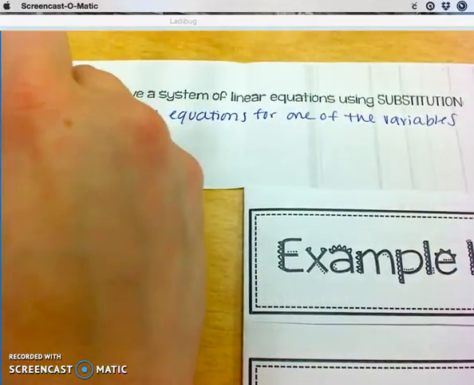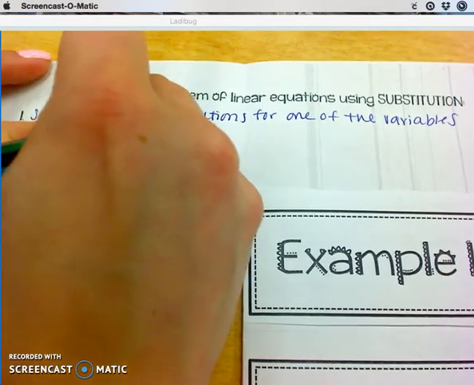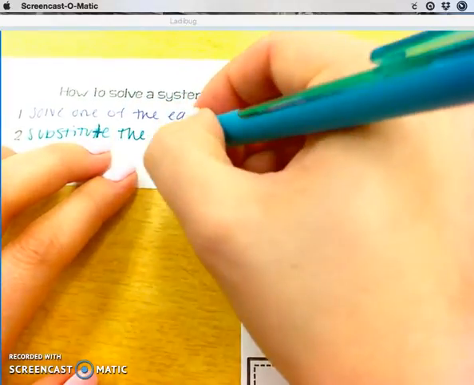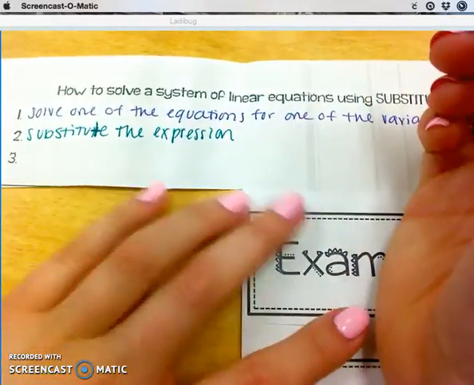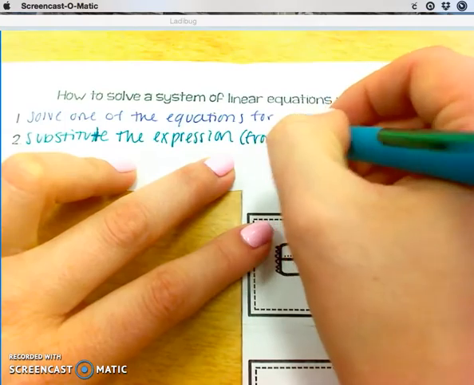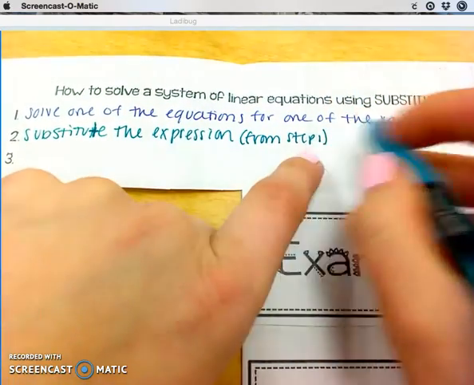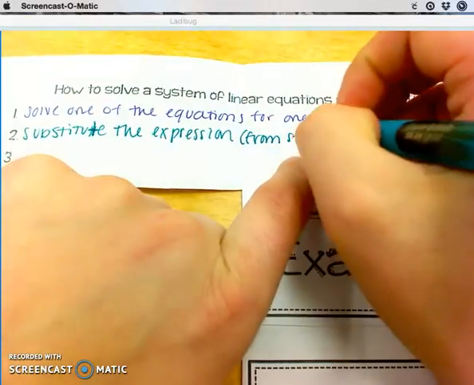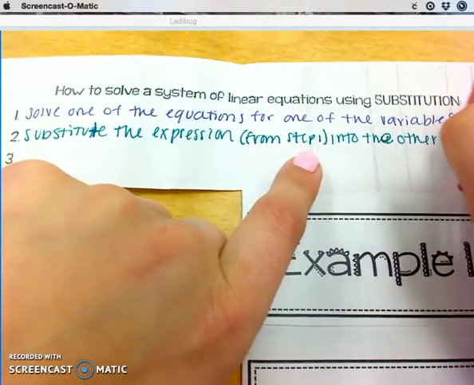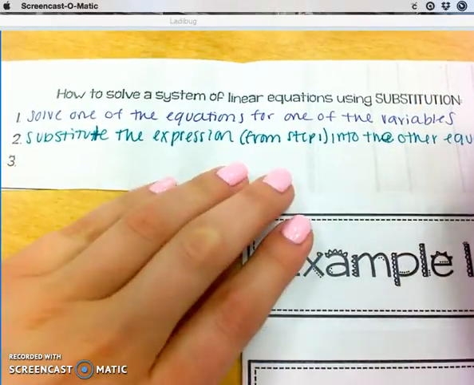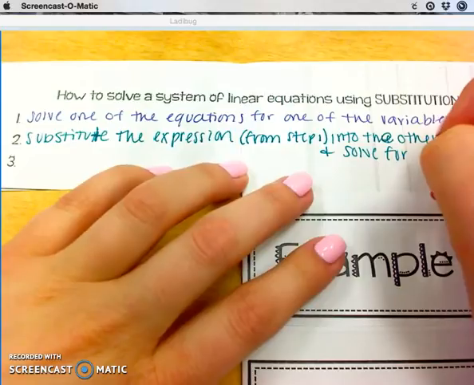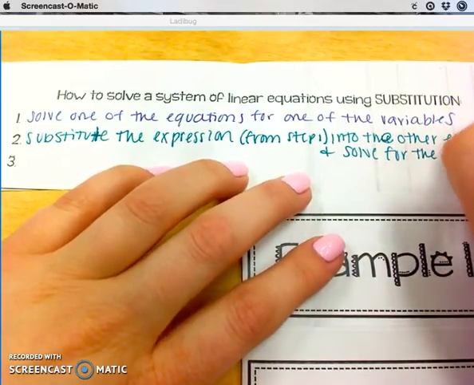Number 2, we're going to substitute the expression. So whatever I got for that variable from step 1, we're going to substitute that expression that we just solved for into the other equation and solve for the other variable.